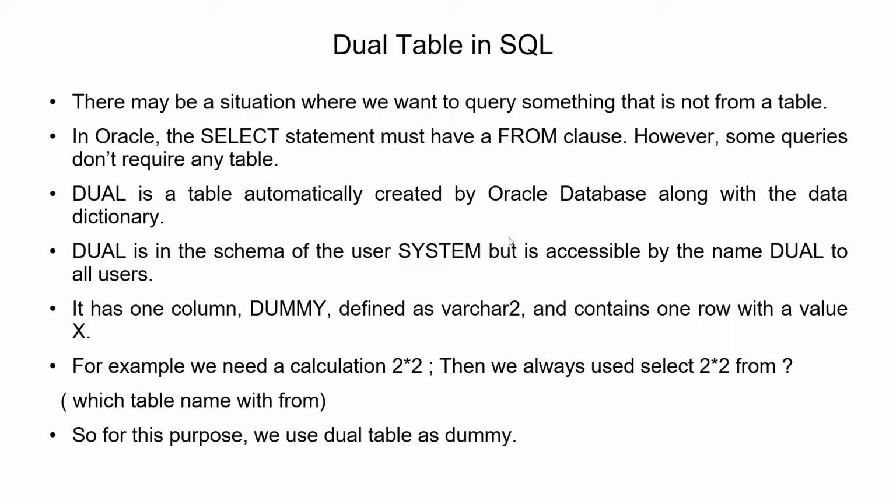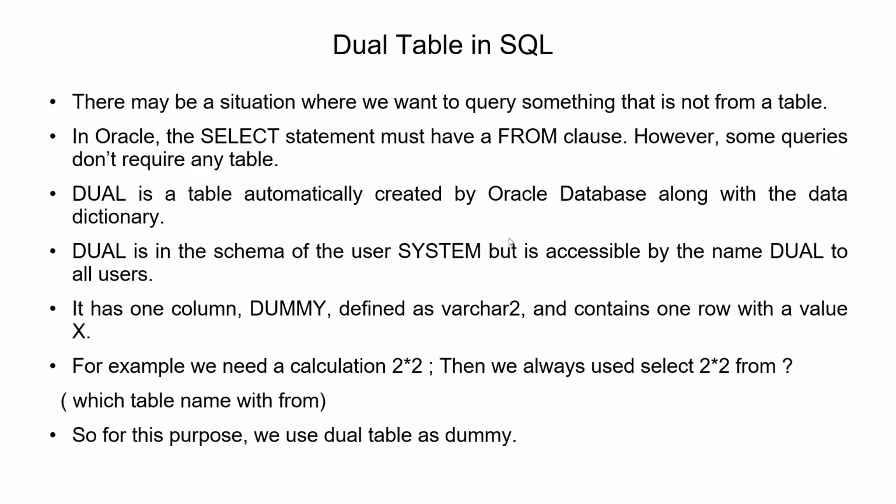Dual is a table which is automatically created by the Oracle database along with the data dictionary. Dual is in the schema of the system user, but it can be accessible by the name dual to all the users. Means it can be accessible by everyone. The dual table has one column, that is dummy, which has the data type varchar2 and it contains only one row with the value of x.